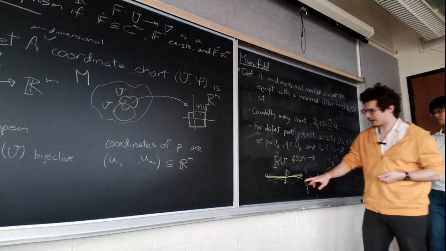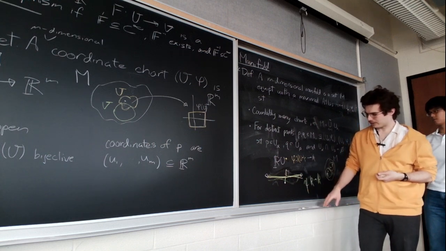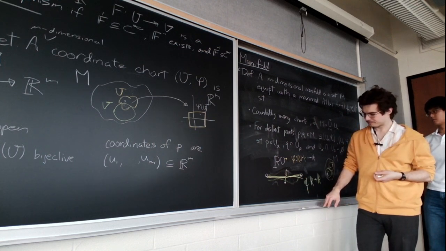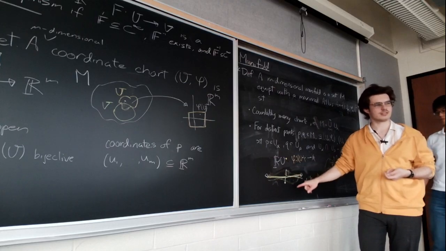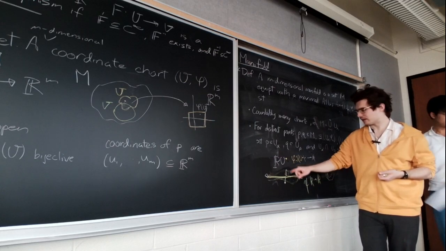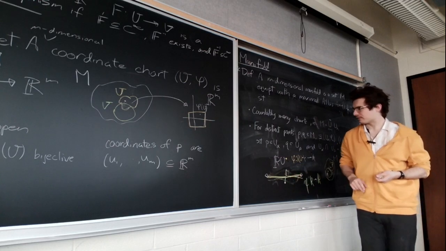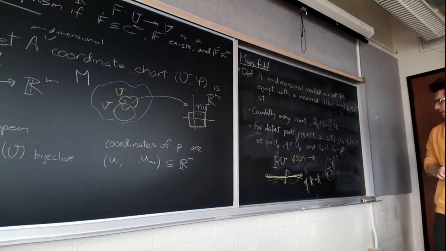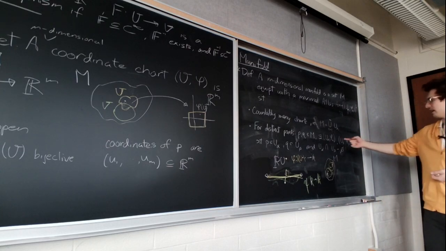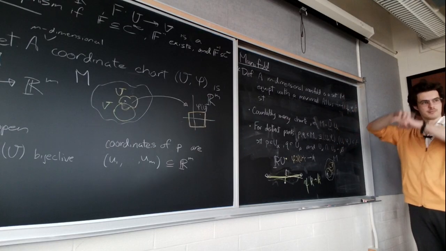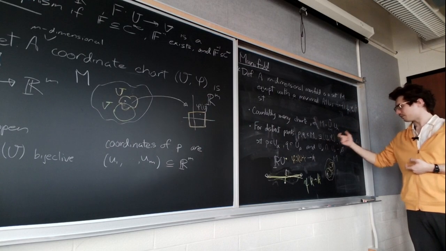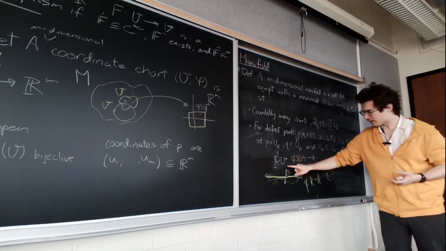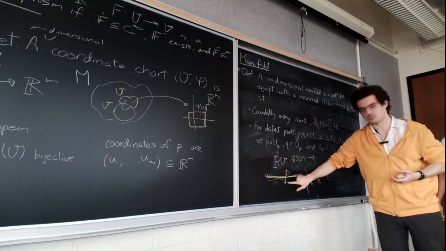The other thing is, I don't want this kind of thing to be a manifold. This is strange, and I don't want this to be in my definition. So for this reason, I say that in the maximal atlas there has to be at least some open set that I can draw that will separate this point from this point.